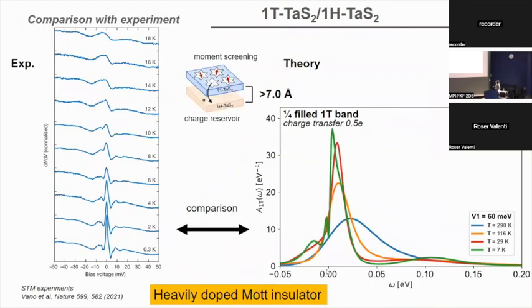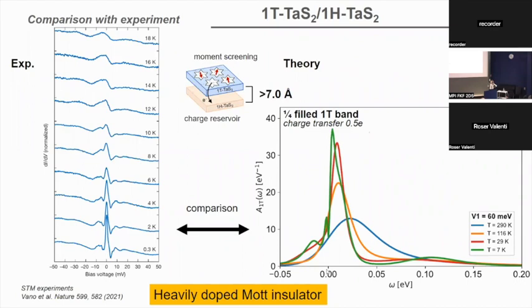So let me compare these calculations with the observations from the STM experiments, where you observe as a function of temperature this blob, and then going down in temperature, there is the appearance of this peak with asymmetric lower and upper Hubbard bands. So we suggest that one has to be very careful in interpreting this data, since there is a real charge transfer in the system.